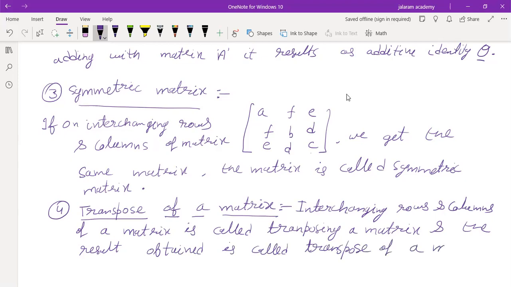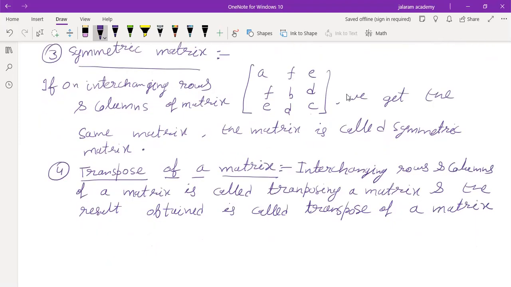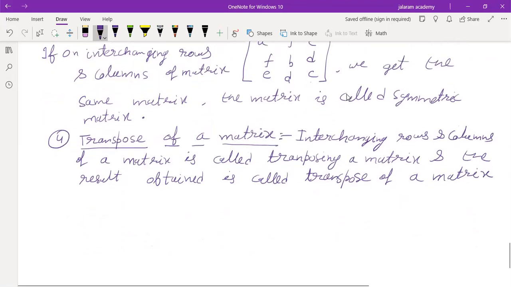Yes. Understood? Interchanging rows and columns of a matrix is called transposing a matrix, and the result obtained is called transpose of a matrix.